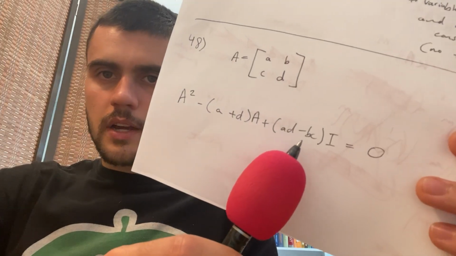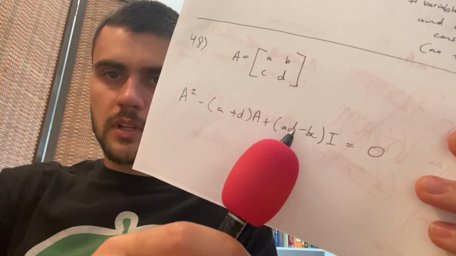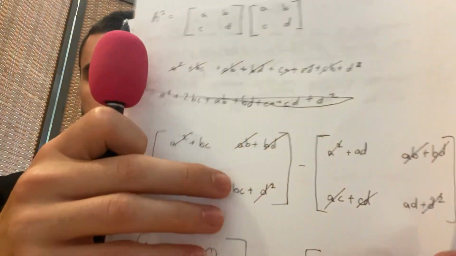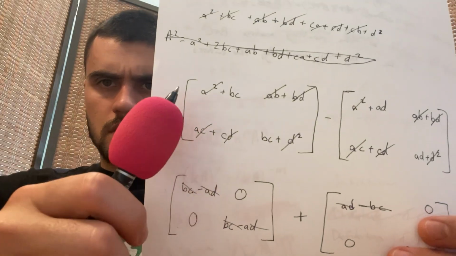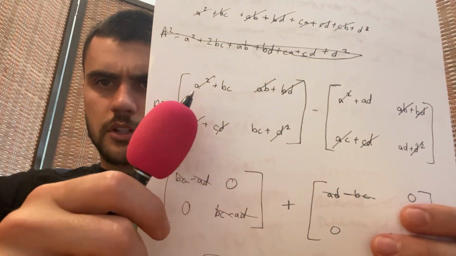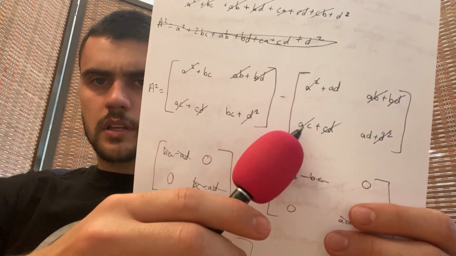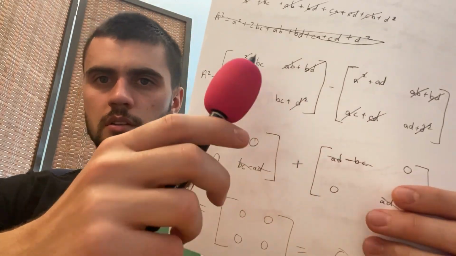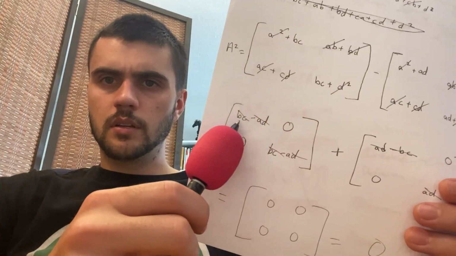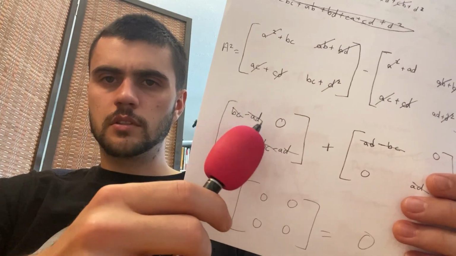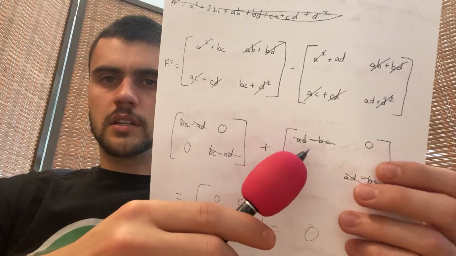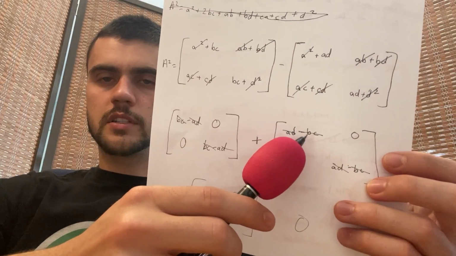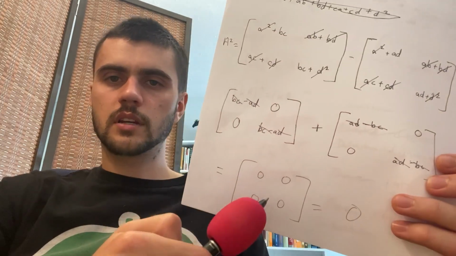Same thing with this for I. This is a scalar, you multiply this by 1 in the corners in the main diagonal. Eventually you'll get here, this is A squared, this is the A plus D times A. You distribute out, and you start to cancel a lot of stuff, and you end up with BC minus AD in these two positions, 0, 0, plus I multiplied by AD minus BC, so good sign that it all cancels out, and there you go, it's 0.